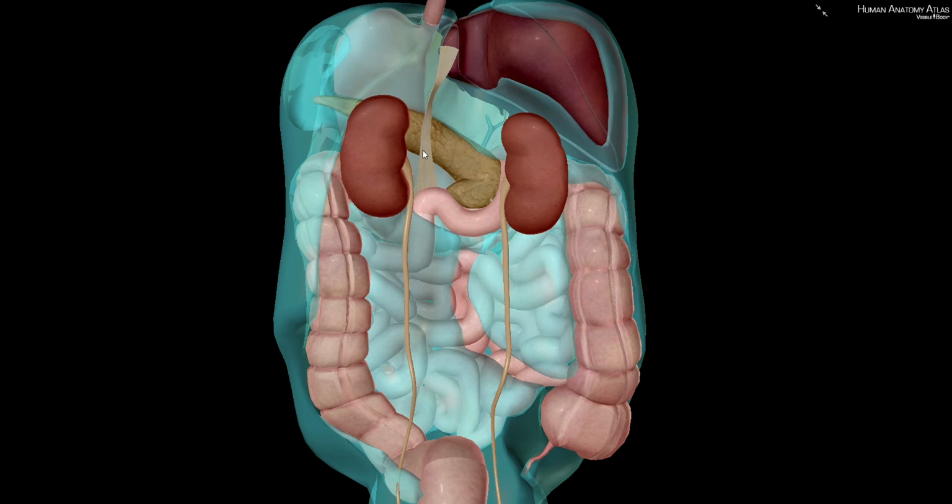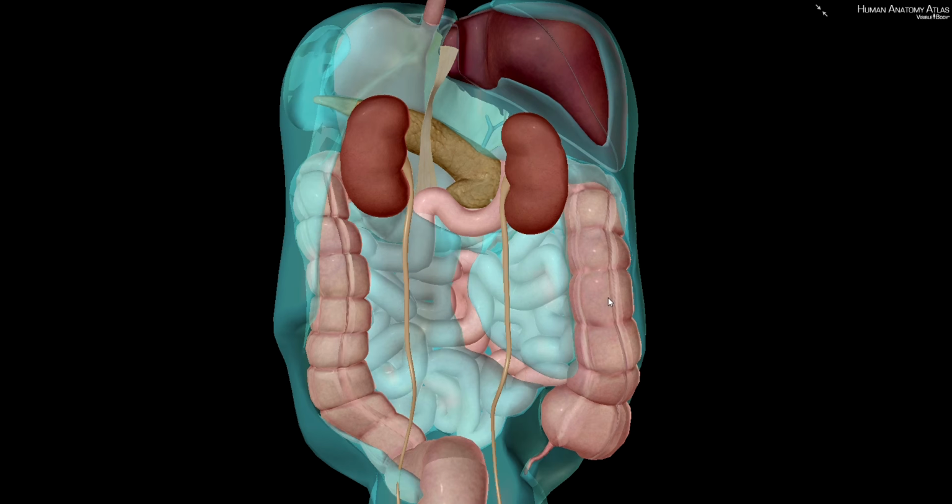For example, if you see from the posterior aspect, this is the kidney, which is not covered by the peritoneum. The pancreas, except the tail of the pancreas. The tail of the pancreas is intraperitoneal. It is covered by the visceral peritoneum, and the other part, the head and the body, is extraperitoneal.